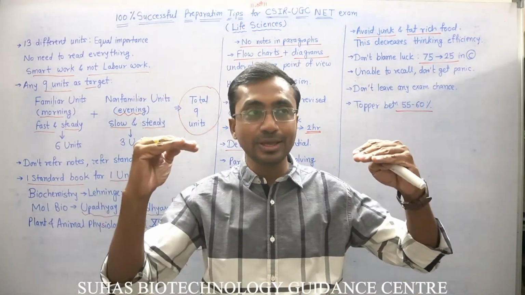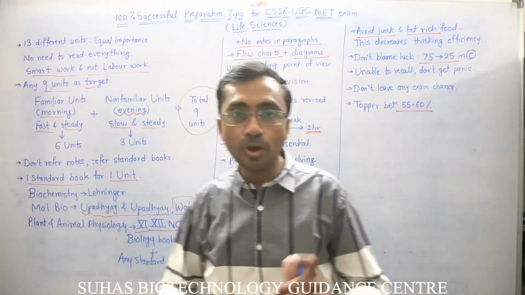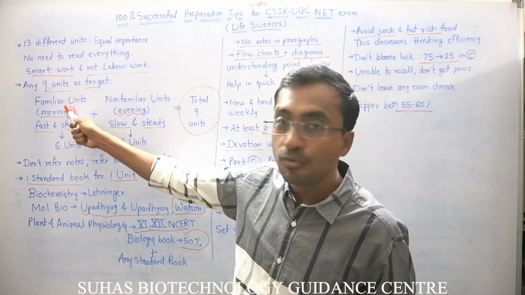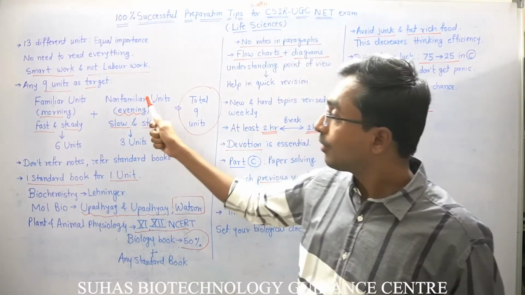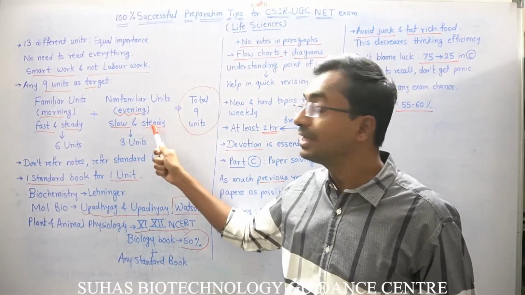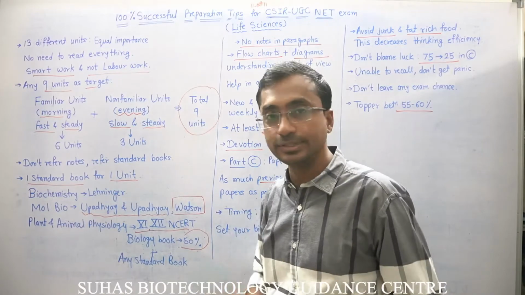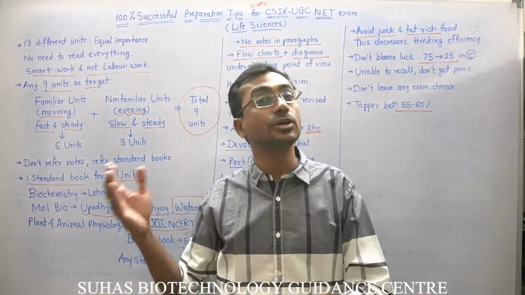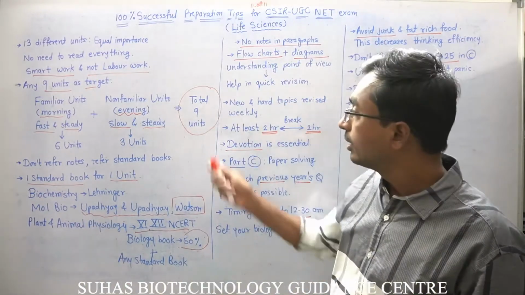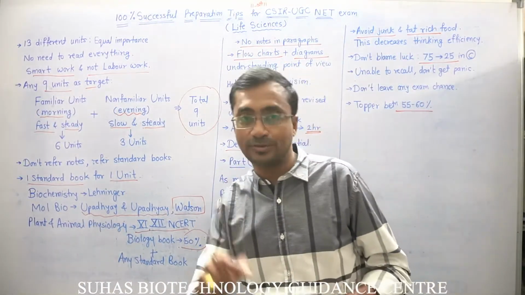While working on familiar units, the work should be fast and steady, but while working on non-familiar units, the work should be slow and steady. Give some time daily and keep covering these units. So preparing 9 units in total will make you qualify.